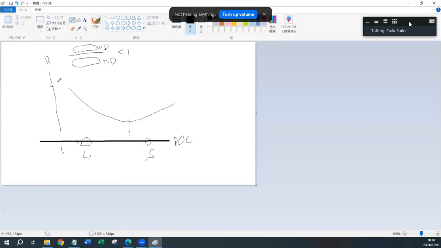For the vertical axis, please think about how to show the effectiveness of the damper, for example the ratio of response reduction or energy dissipation of the damper. It's better to normalize by the energy dissipation with no damper, something like this.